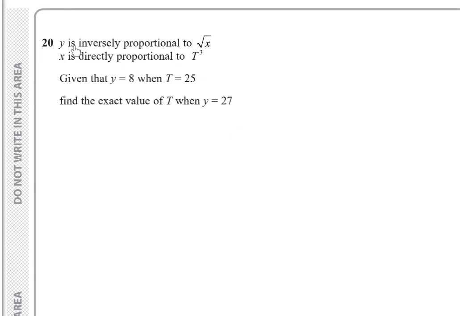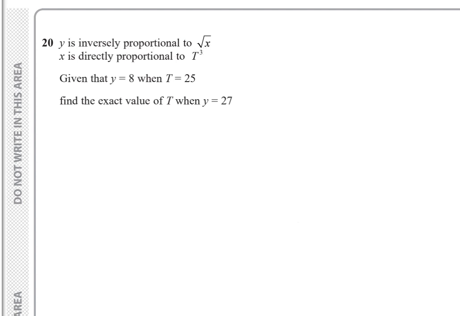20. y is inversely proportional to the square root of x. x is directly proportional to t to the power 3. Given that y equals 8 when t equals 25, find the exact value of t when y equals 27. First, we have y inversely proportional to the square root of x.